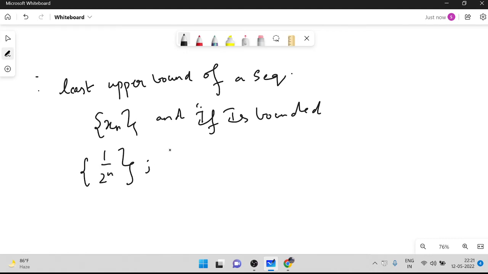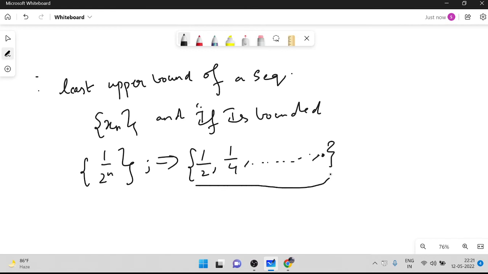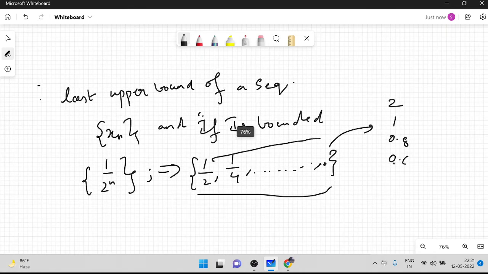If you calculate 1 by 2, 1 by 4, and so on, it goes to 0. We proved that it's a limit. This particular sequence has an upper bound. All the elements of this sequence are less than 2, less than 1, less than 0.8, less than 0.6, and so on.